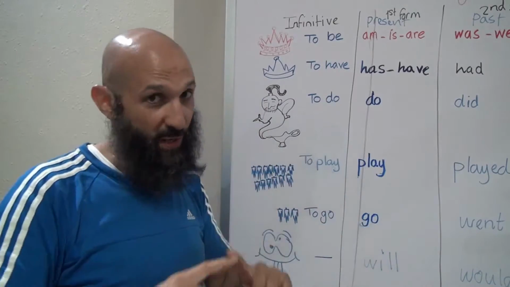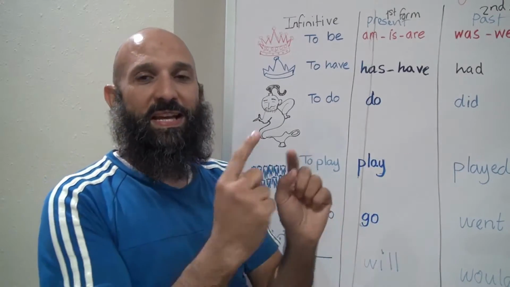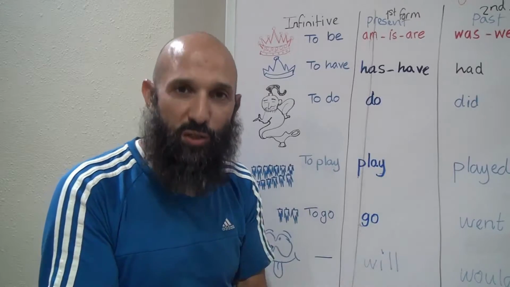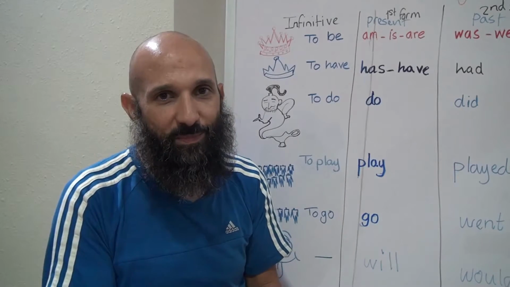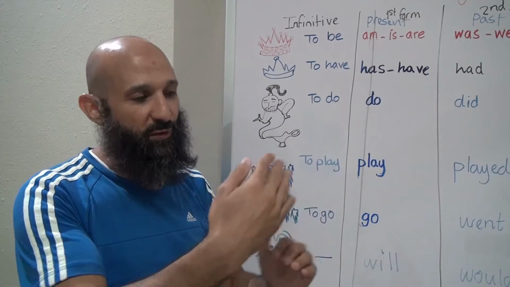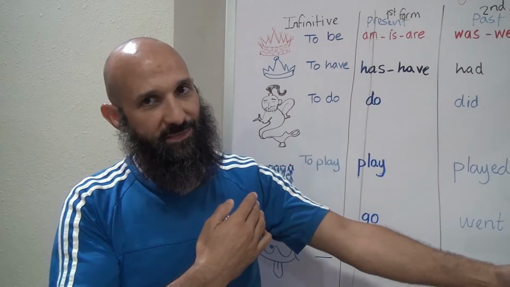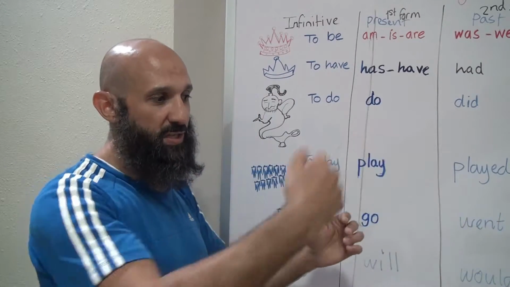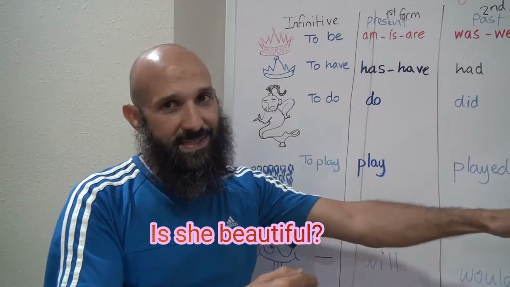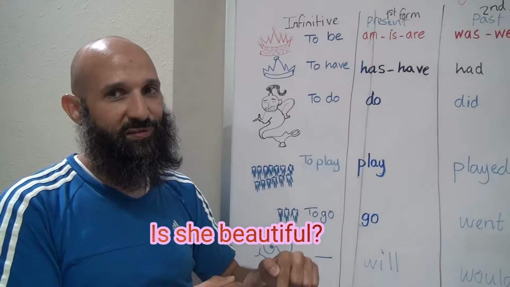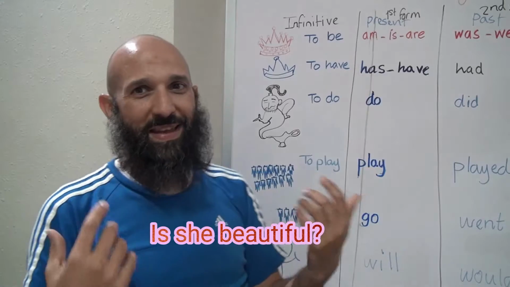So it goes like this. For example, she is beautiful. We want to ask a question here. What do we say? We switch the place of the verb and the subject. So she is beautiful becomes is she beautiful? That's how we make questions.